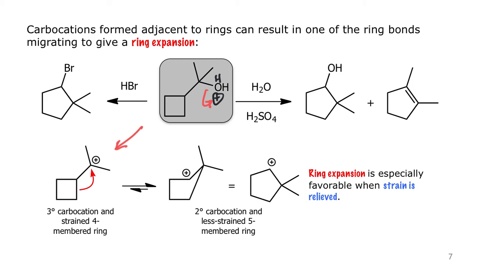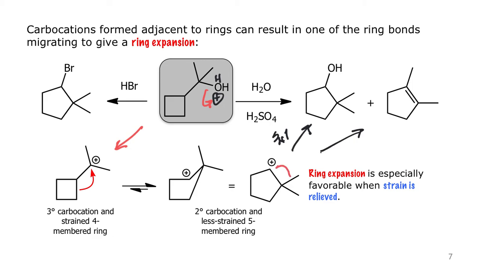And then from there, the reaction can proceed in the usual way, where we can either get SN1 substitution after water adds and is deprotonated, or we can get an E1 sort of reaction that occurs, but occurs after an additional rearrangement.